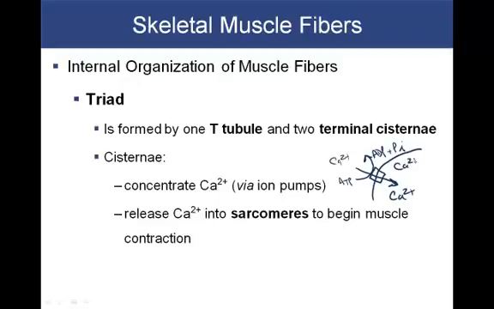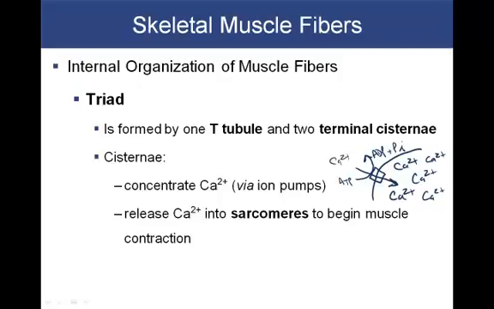We mentioned when we were looking at bone that calcium is the most abundant mineral in the body. And I also mentioned that calcium plays a very pivotal role in muscle contraction. In fact, it's the calcium that actually initiates muscular contraction.